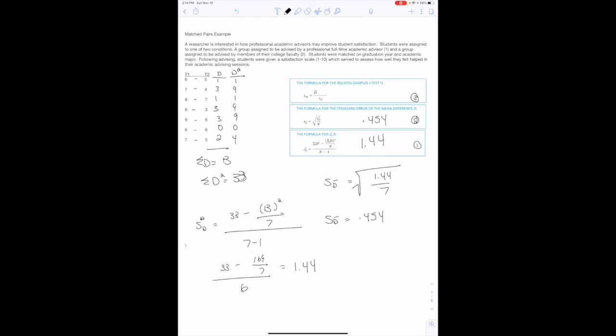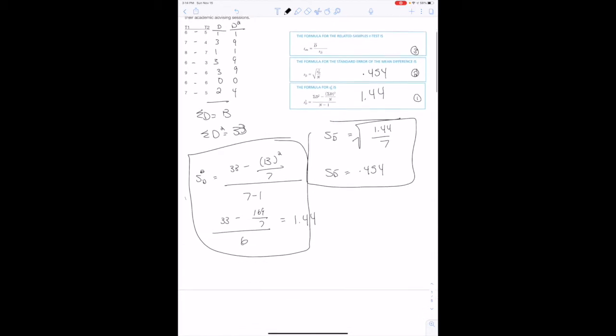And then finally, we'll do the last one, which is the big one. I'm going to square this off, just to kind of keep our stuff sorted. Scroll down a little bit. T obtained equals the average D. So that's the sum of D divided by N. So the average D is 13 divided by 7, divided by 0.454.